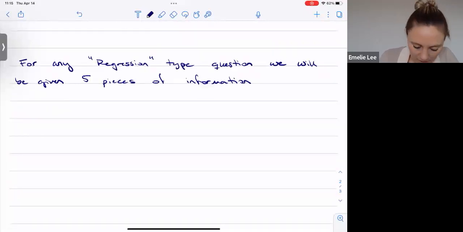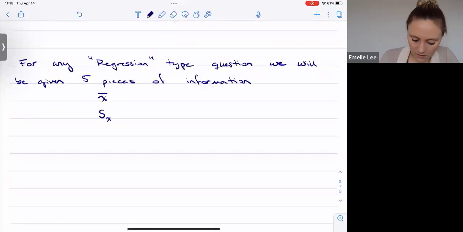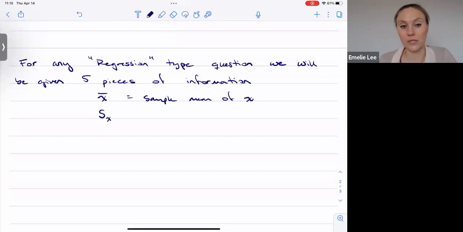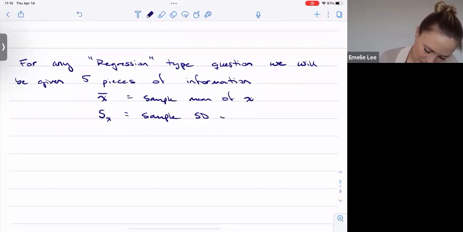Okay, we're going to be given X bar, the standard deviation of X. Okay, so this is the mean of X, or the sample mean of X, which is really the explanatory variable, right? And then the sample standard deviation of X, and I'm just going to write SD.